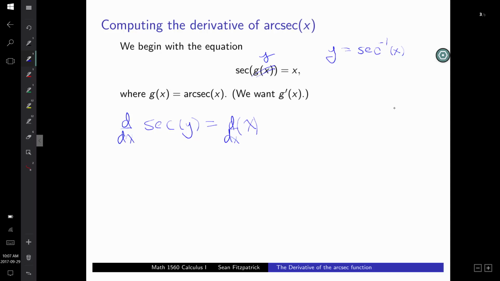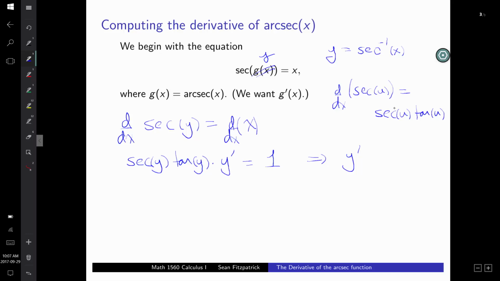Remember that the derivative of the secant function, we calculated that one in class, I believe. It's secant u times tan u. So we get secant y tan y, but then we have to multiply by the derivative of the inside, y prime, and we get 1 on the other side.